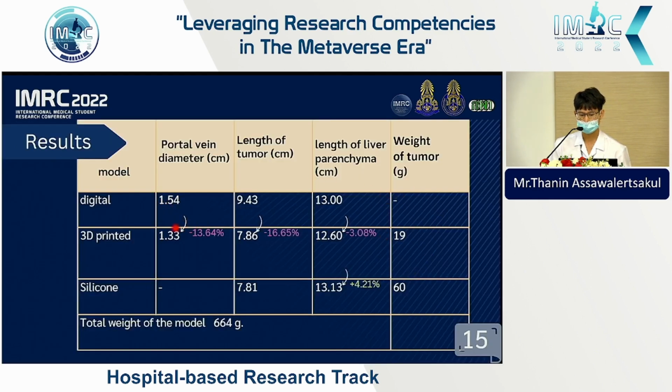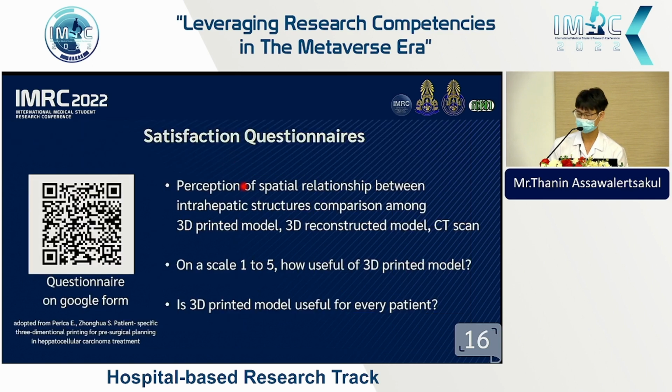And for the results, the 3D printed model tends to be smaller than the digital model because when it cools down, it shrinks. And the silicone model has some minimal change from the 3D printed one.